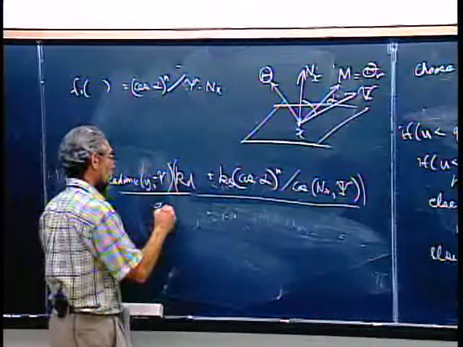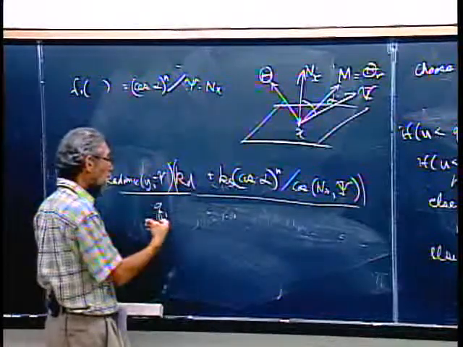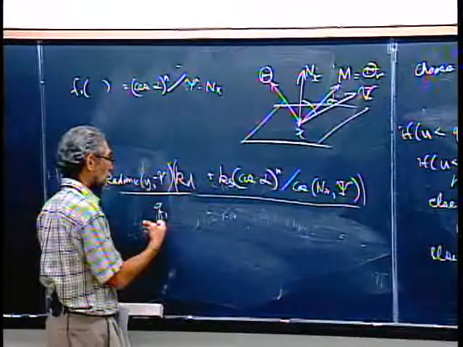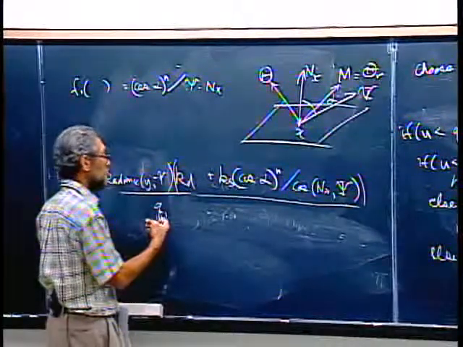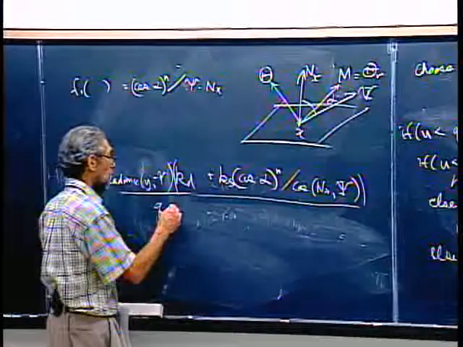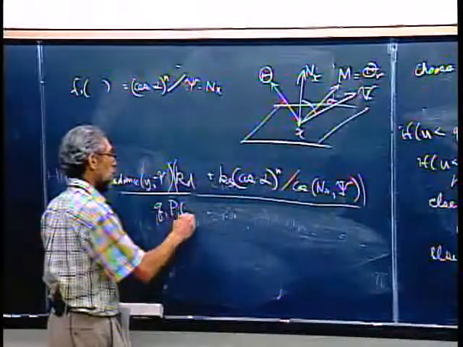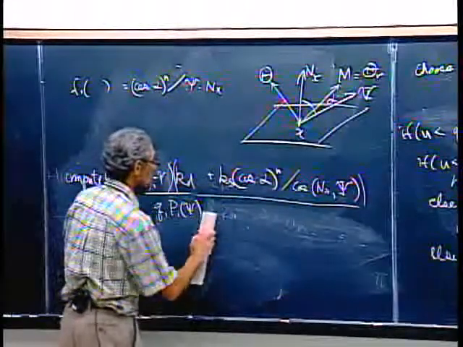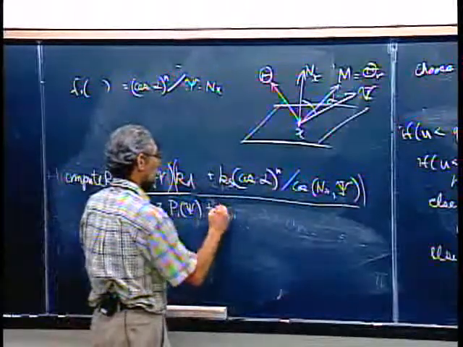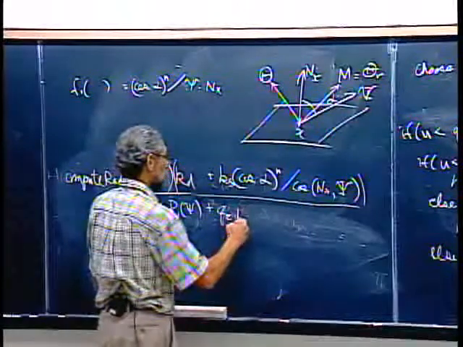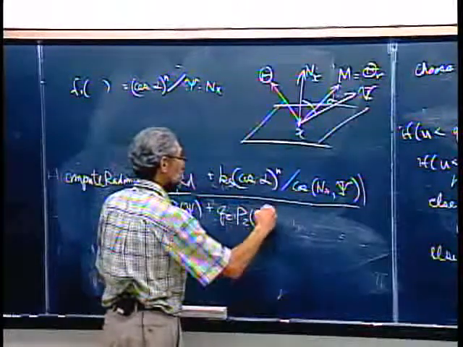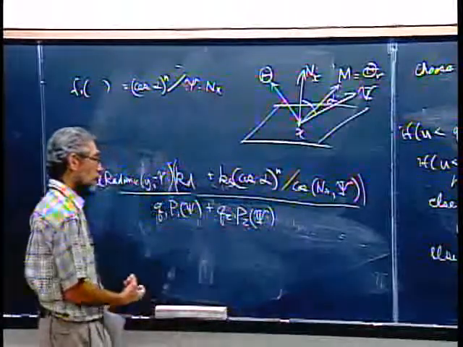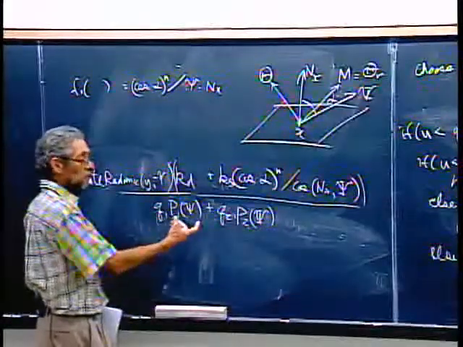So in Q1 of the chances, we're going to choose it according to P1 of psi, and in Q2 of the chances, we're going to choose it according to this distribution P2 of psi. And these probabilities don't add up to 1.